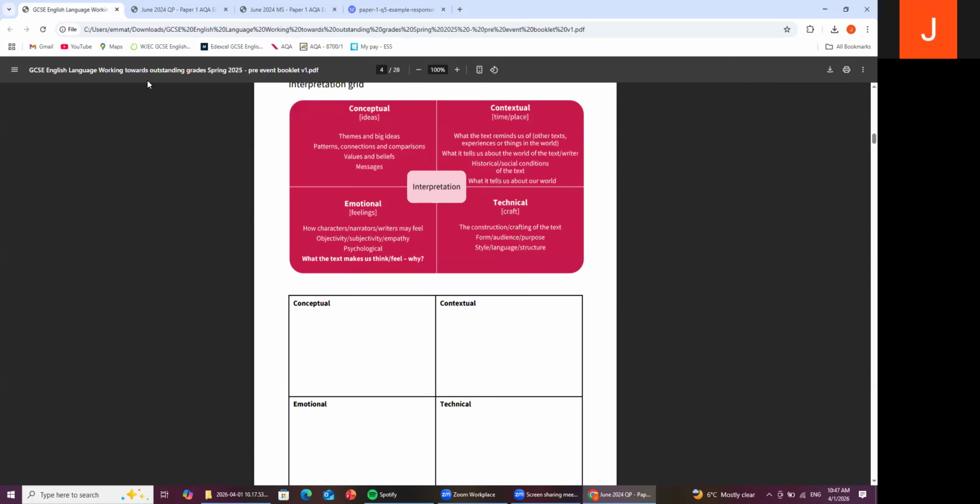I will talk about using the interpretation grid here, this quadrant, for how you can really develop and give more detailed analysis in your questions, giving the examiners more reason to award you higher marks, because that's what we're looking for.